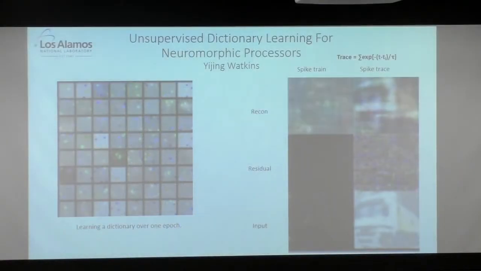We are interested in solving this problem because we also use LCA. In our poster, we demonstrate that our implemented spiking LCA model is able to support online unsupervised dictionary learning while respecting all major constraints imposed by the current Loihi model.